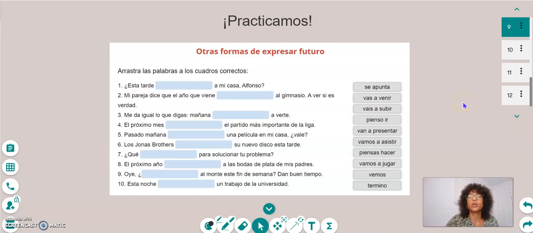And then when it comes to the practice, right? Most of the time, depending on whether it's just one-to-one or they can work in pairs, I give them, first of all, something so that they understand the difference in how I can use the future tense: either I just conjugate the verb, or I can use the very first form I showed you, which is "I'm going to" instead of "I will," right?